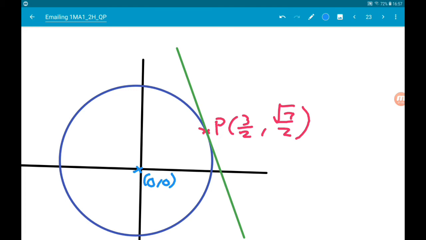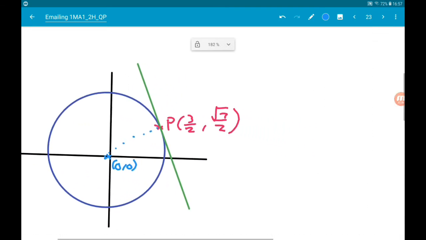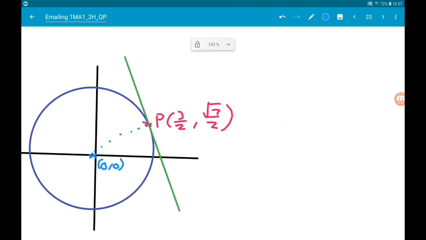It's to find the gradient of the radius. The reason being is that the radius is the only thing for which we know 2 points. So, I'd like to call this R, gradient of the radius.